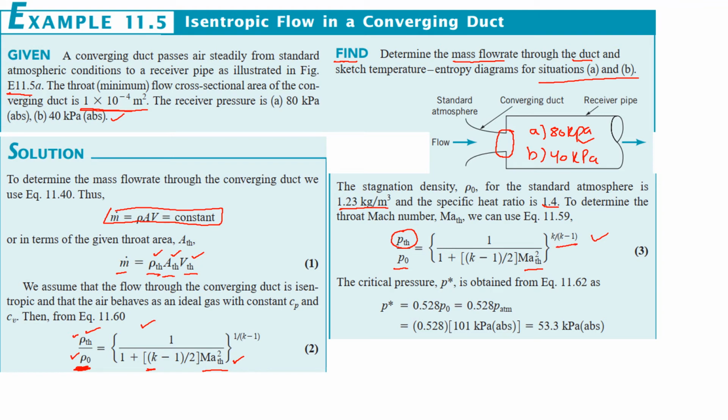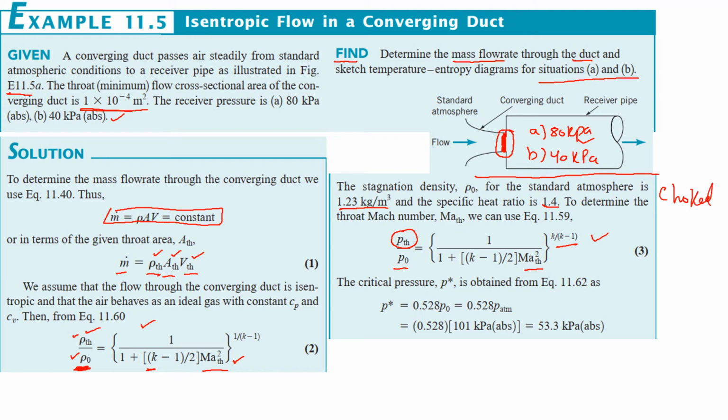So for that purpose, first we need to find the critical pressure, and the critical pressure was the pressure at the choking situation, in which the flow was choked. So we are talking about the throat right here. So what we need to identify is the throat pressure. What will be the pressure at the throat when this flow situation is choked?